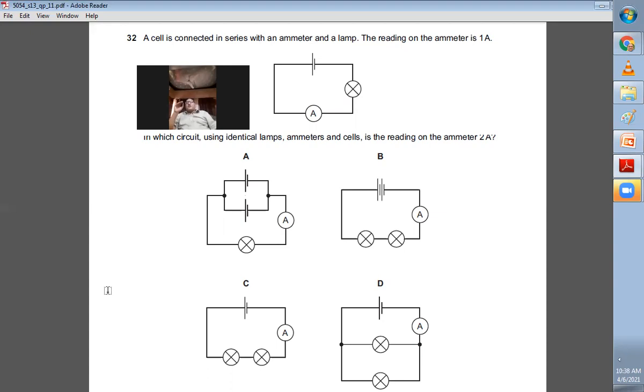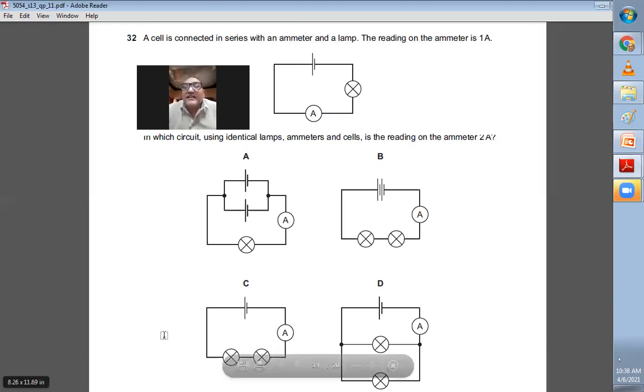Sorry, that is possible if you use a cell and parallel to that cell you connect two lamps parallel to each other and also parallel to the battery. And then what will happen? Their resistance will be half of the resistance of a single lamp. The current will become double.